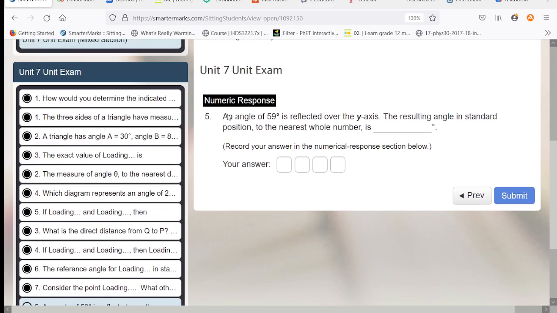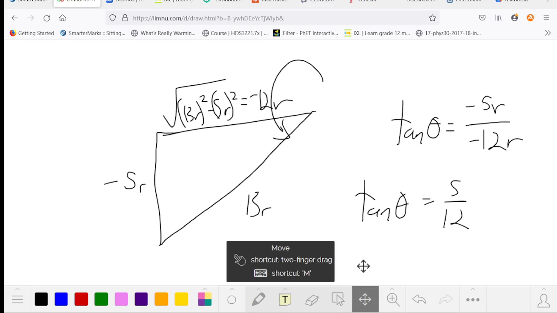Finally, an angle of 59 degrees is reflected over the y-axis. The resulting angle in standard position to the nearest whole number is. So if we have an angle, that is terrible. I'm going to go to the actual line tools.